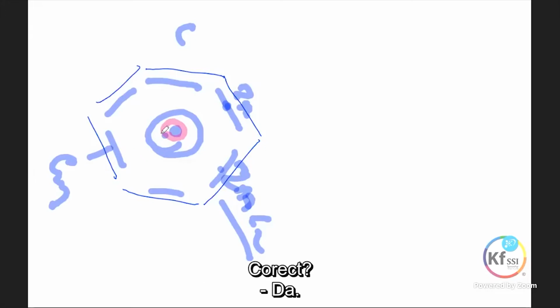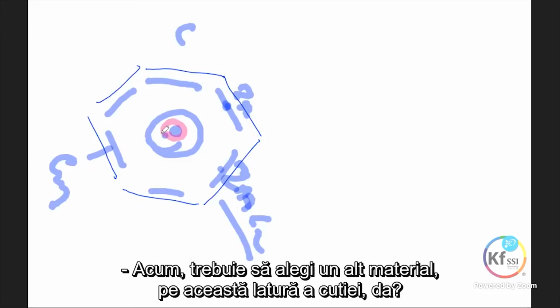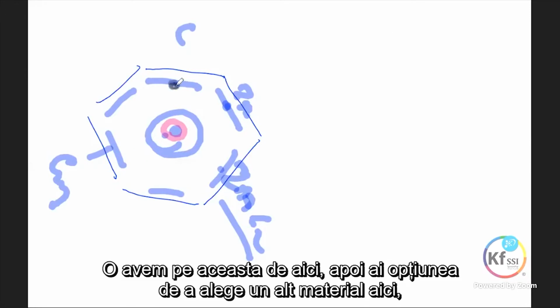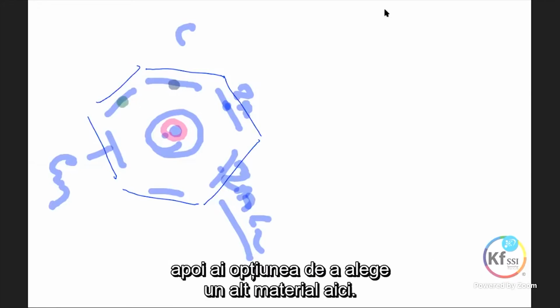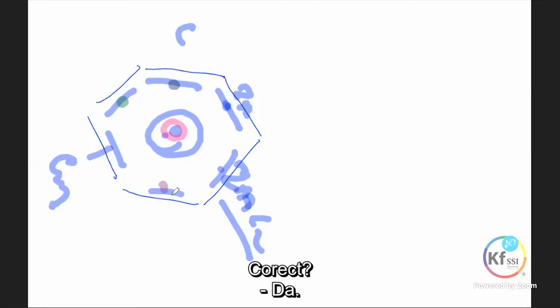Now you have to choose another material on this side of the board. We have this one here, and then you have the option to choose another material here, and another material here.